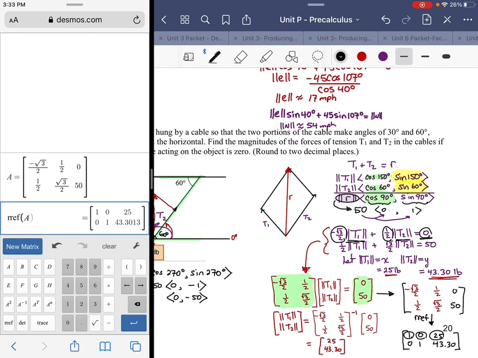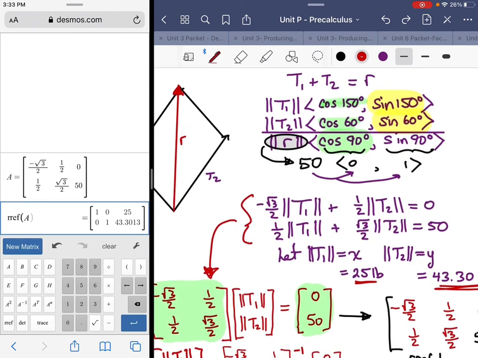Well, these would be the new coefficients for T1 and T2 and what the whole expression would be equal to. So now I'm saying 1 times T1 plus 0 times T2 is equal to 25. Well, isn't that the same as saying T1 is equal to 25? And for the second row, I'm saying 0 T1 plus 1 T2 is equal to 43.3. Well, isn't that the same as saying T2 is equal to 43.3?